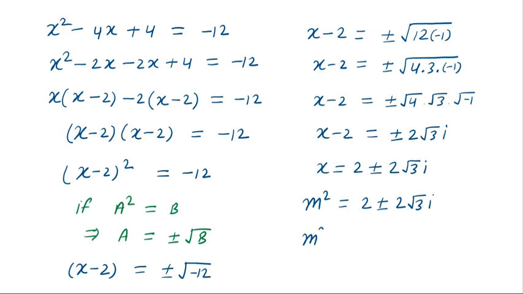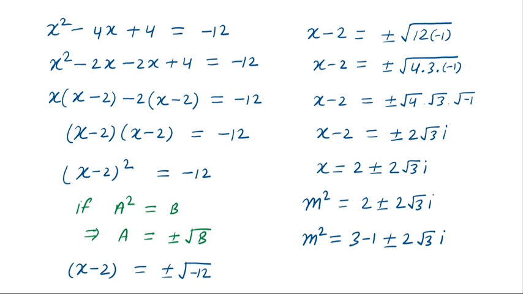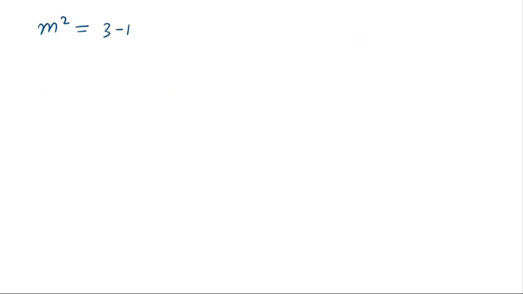Now m square is equal to, we can write this 2 as 3 minus 1 plus minus 2 times square root of 3 iota. On the left hand side, m square is equal to 3 minus 1, and here plus minus 2 times square root of 3 iota.